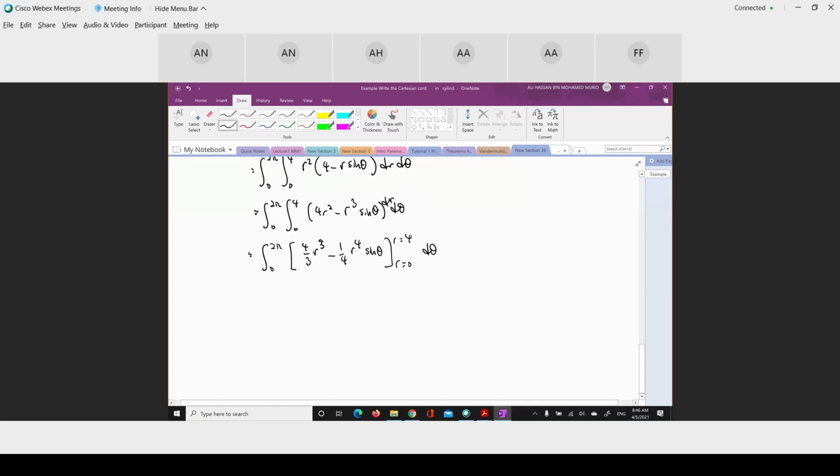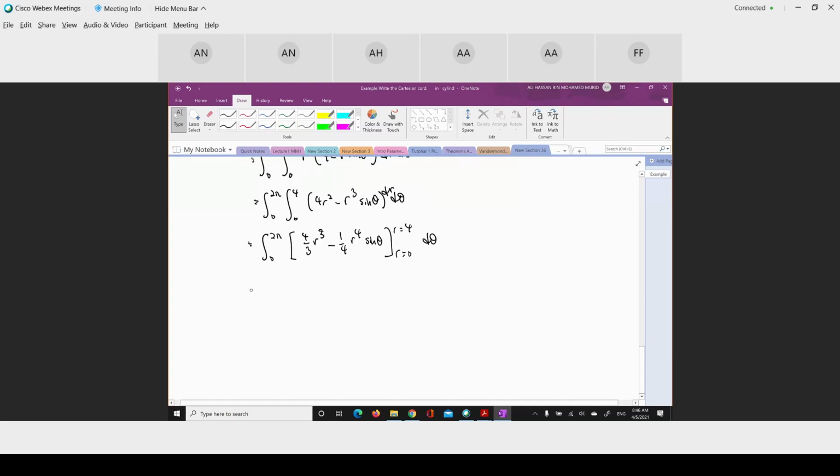R is between 0 and 4. Now we substitute the upper and lower limits of r and take the difference. When r equal to 4, 4 cubed is 64, and 64 times 4 is 256, so 256 over 3, minus.